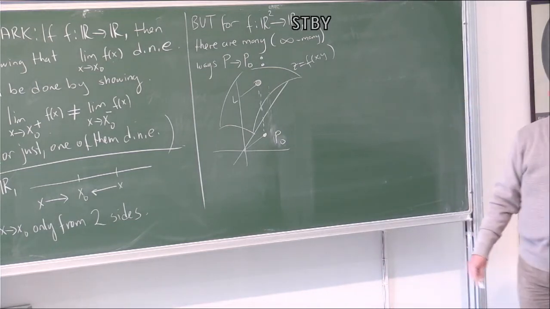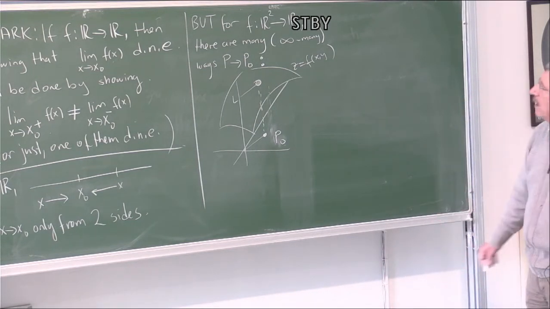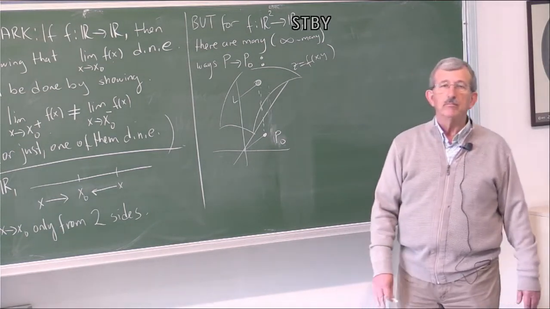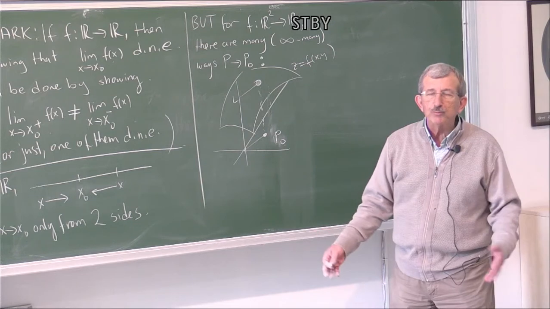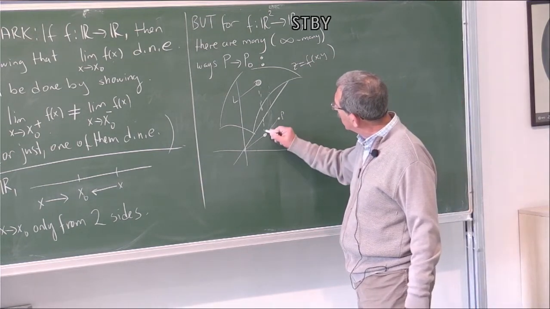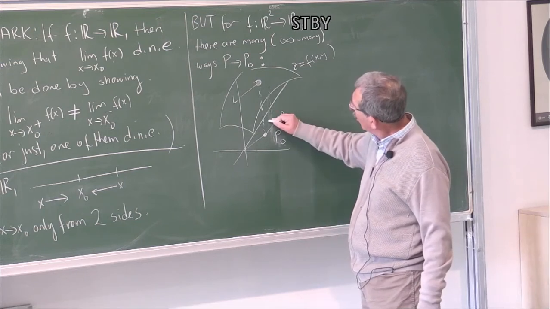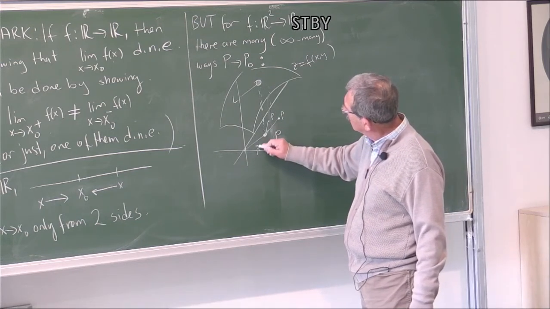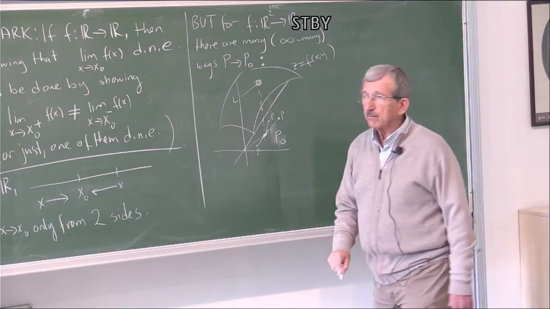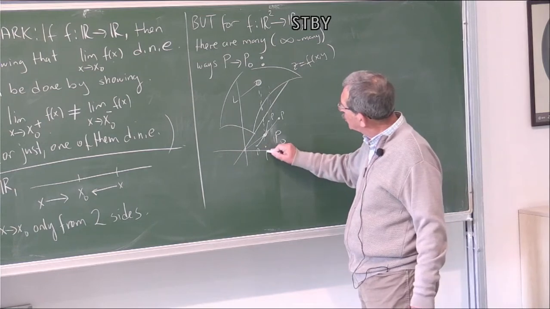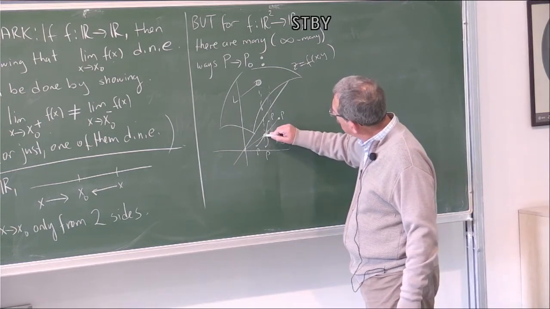Now, we want this L to be the limit. P will approach P0. Well, how can it approach P0? It can approach from a straight line like this, or from here, or from here. It need not be a straight line. It can even approach on a parabola.